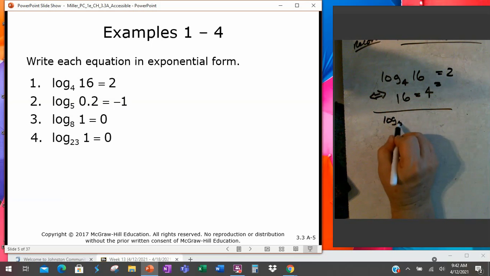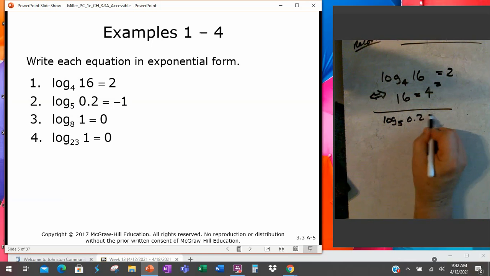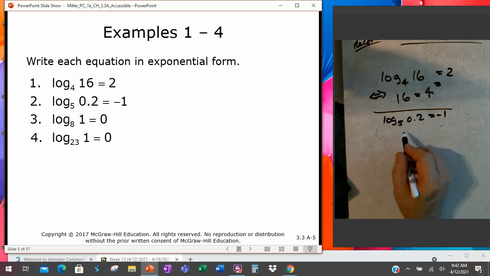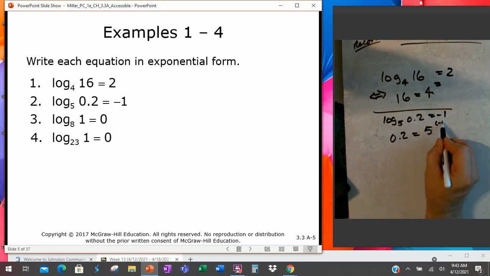So log base 5 of 0.2 is equal to negative 1. Again, remember I did the inverses. Here's the function, here's the number, and they're equivalent, going back and forth. Here I want to represent 0.2 as a power of 5. What is it? Negative 1. That's the log of this thing.